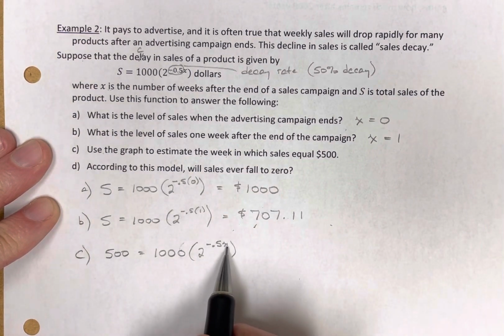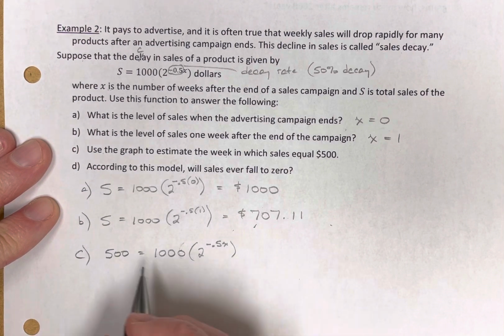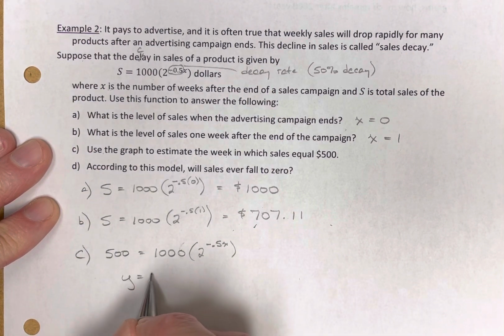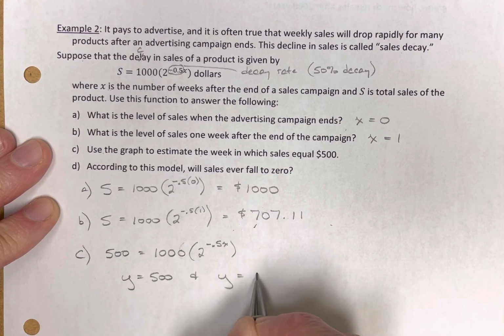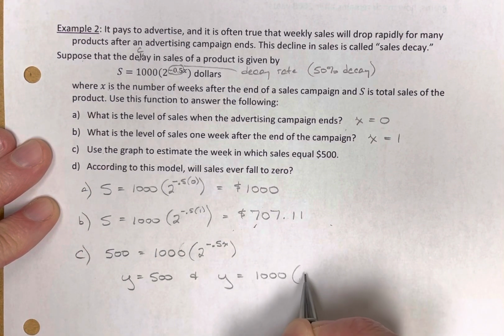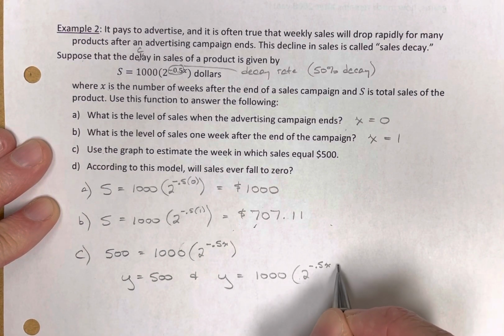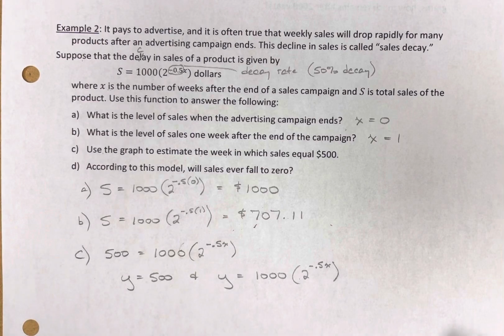We haven't learned yet how to find the value of X in an exponent algebraically. So let's do a Y equals 500 and a Y equals 1,000 times 2 to the negative 0.5 times X, and let's see where that intersection point is.